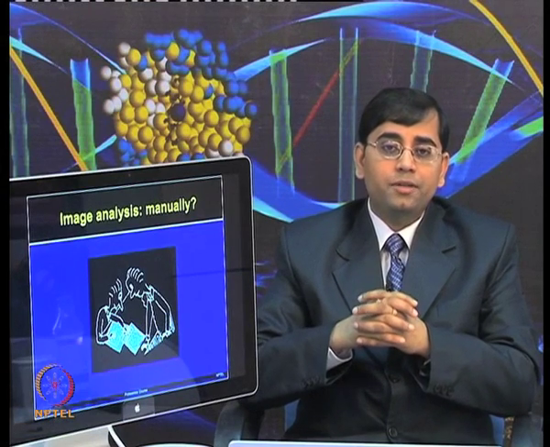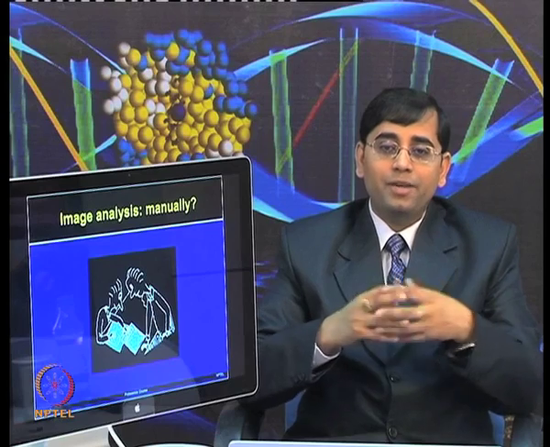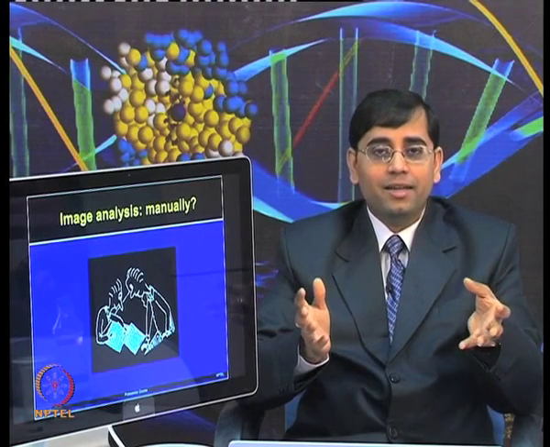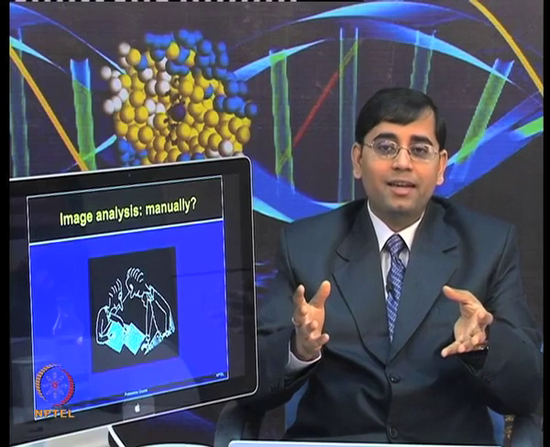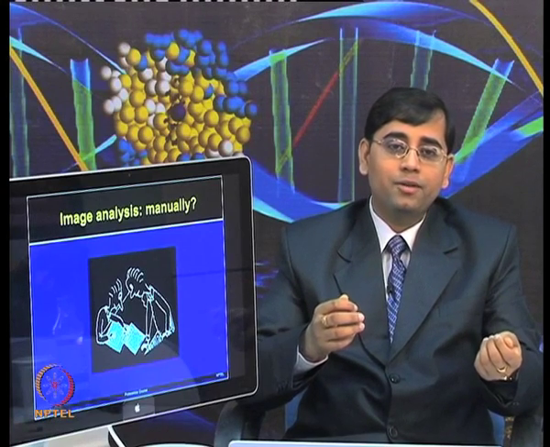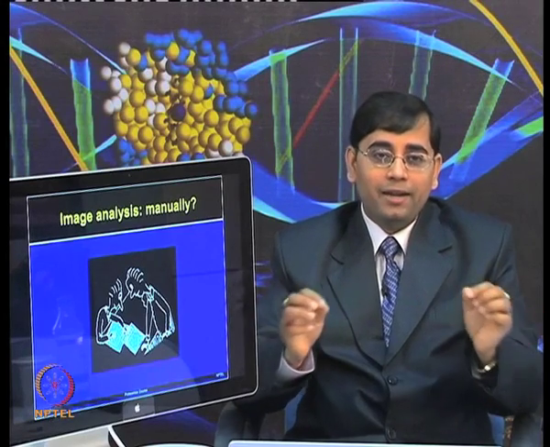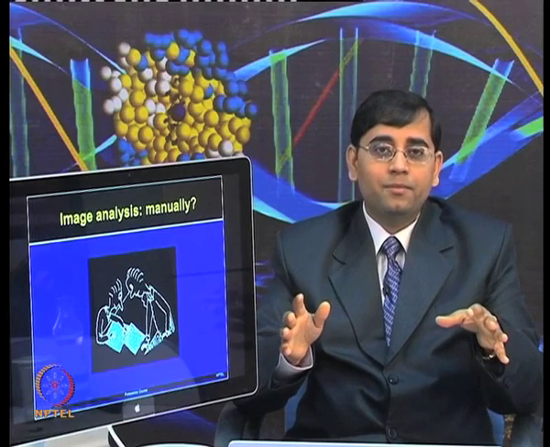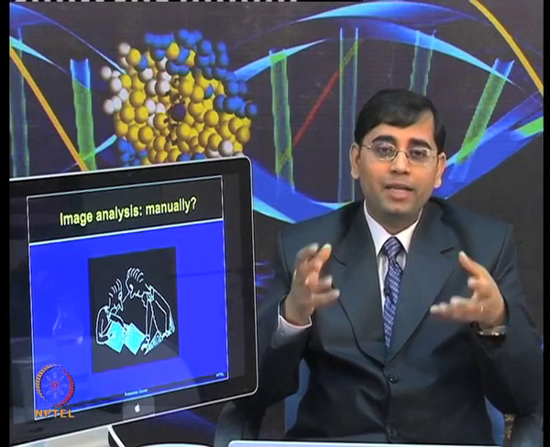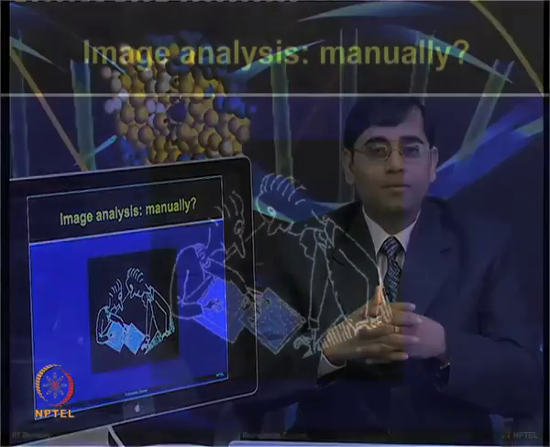Do you want to do things manually? Can you take your gel patterns, and two of you sit together and say, okay, this is my protein in control, this is your protein in treatment. Now, I am going to look at each spot manually and size the spot based on this comparison.